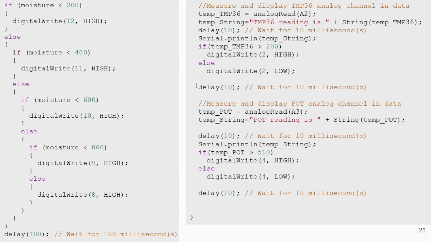Again a delay, and the last one is reading the port channel connected on analog input channel 3. Again there is a debug string, and if the port value read is greater than 510, I will turn on the LED, else I will leave the LED low.